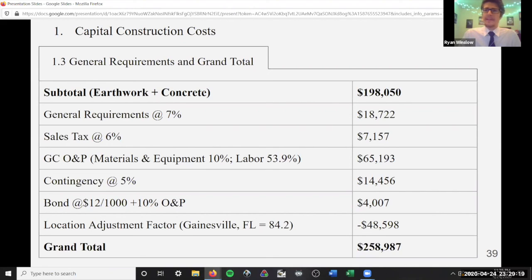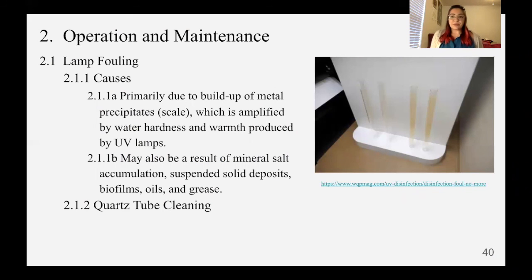We will apply a contingency factor of 5% in the event of any unforeseen circumstances during construction, a bond at $4,000, and we will adjust the total by 84.2% to adjust to the Gainesville location. This brings the grand total to around $259,000.